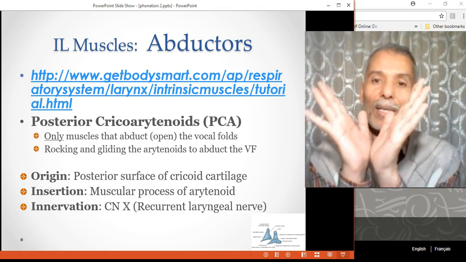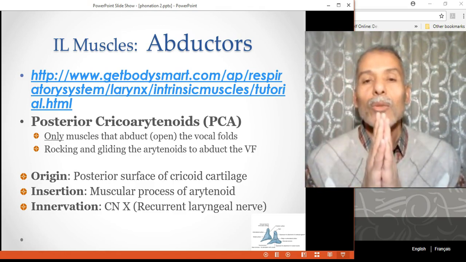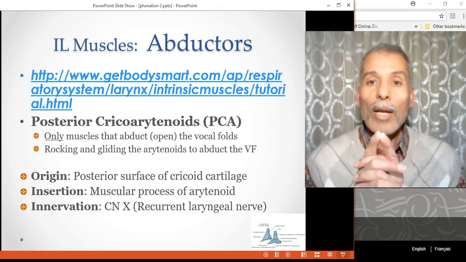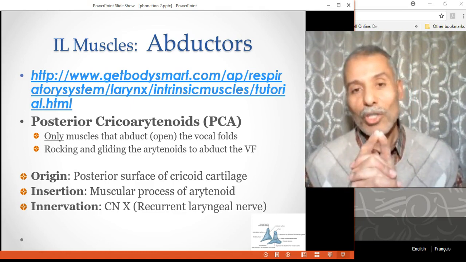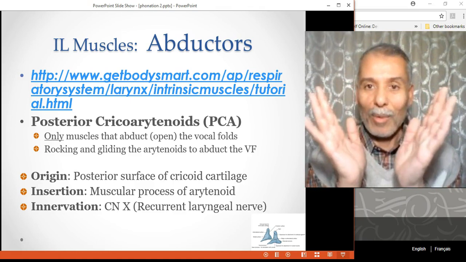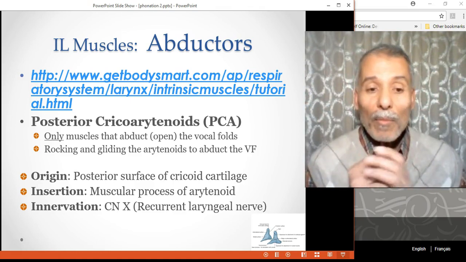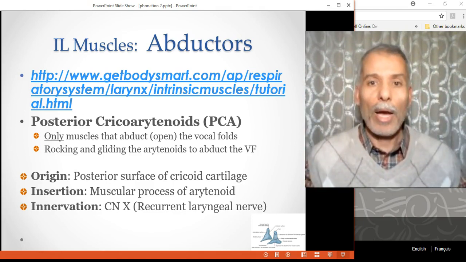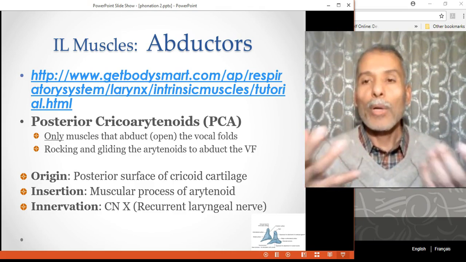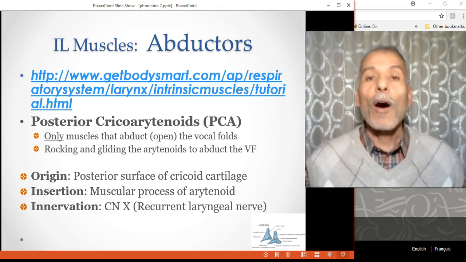Once you relax, the vocal folds will swing back to the open position. However, because that is your airway, you cannot leave it to chance, because they might swing back but not go all the way back. What if you are running and you want them swung farther back so that you can get more oxygen in? These muscles of abduction put in some more effort and pull them farther back.